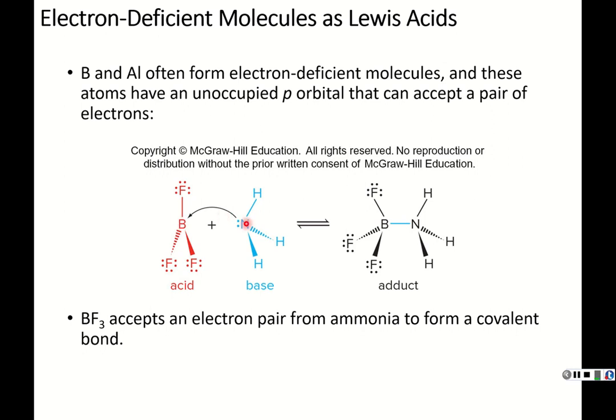Because of that, it can accept a pair of electrons, in this case from the nitrogen in NH3, and you can form this bond. You have a Lewis acid that accepts the electrons and a Lewis base that donates them, and when they react to form this compound, that's what's known as an adduct, or a Lewis adduct. And we're forming a covalent bond.